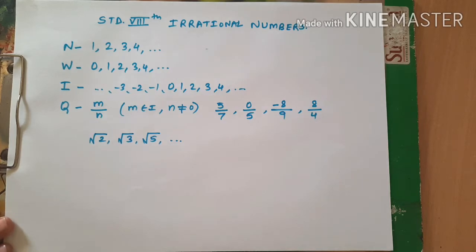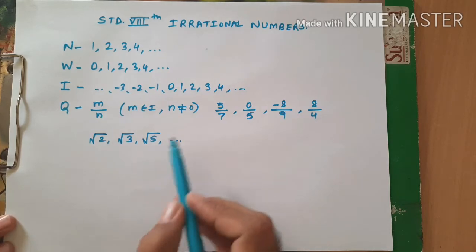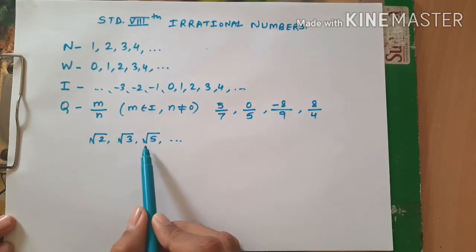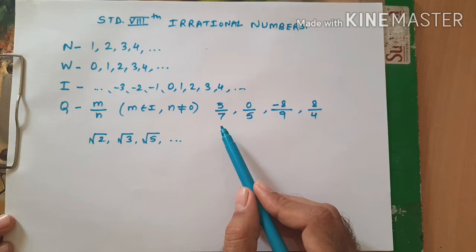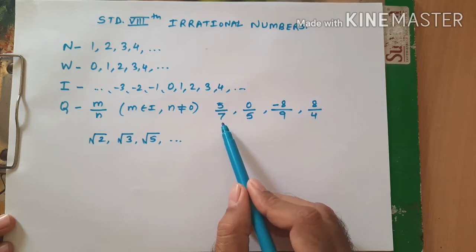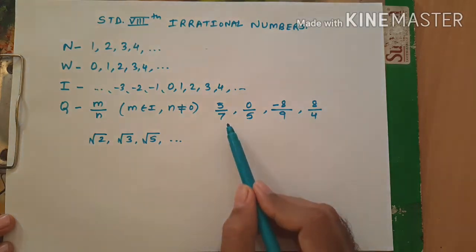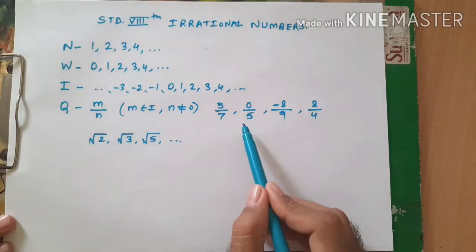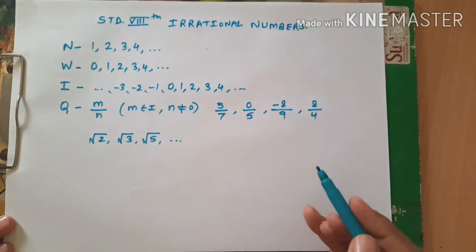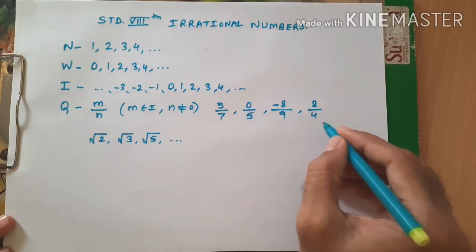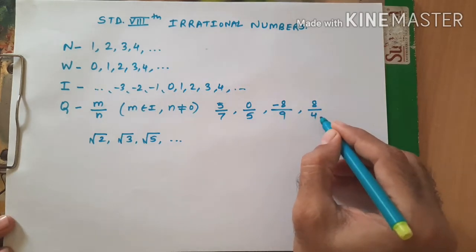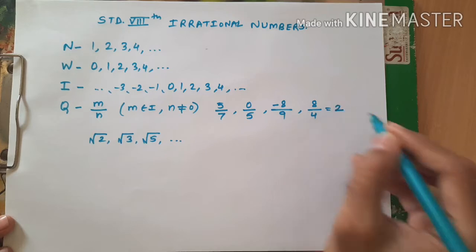So now what is the difference between rational numbers and irrational numbers? You have studied that the decimal form of a rational number is either terminating or non-terminating recurring. Example, 8 upon 4. When you divide 8 by 4, the value comes as 2.